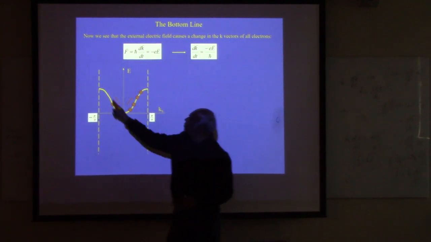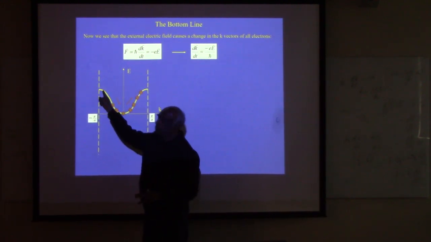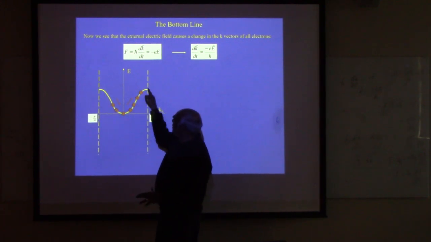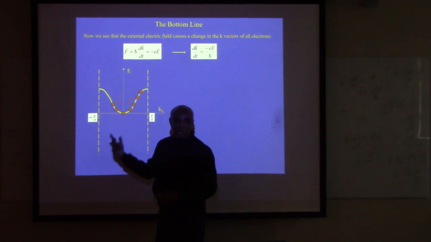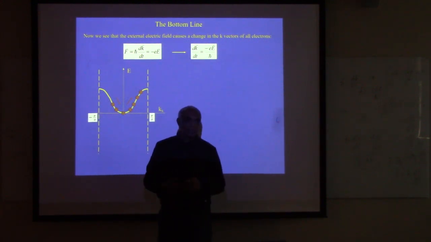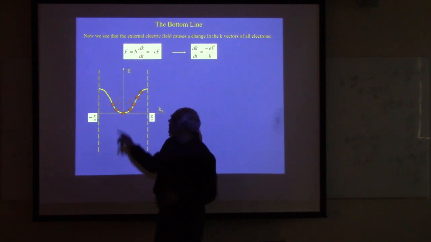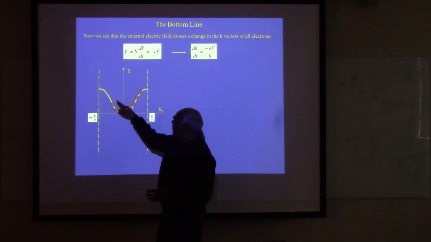Actually it will reappear from here. So it comes like this, comes here, then reappears. People have observed this in very clean material, and it is called Bloch oscillations.